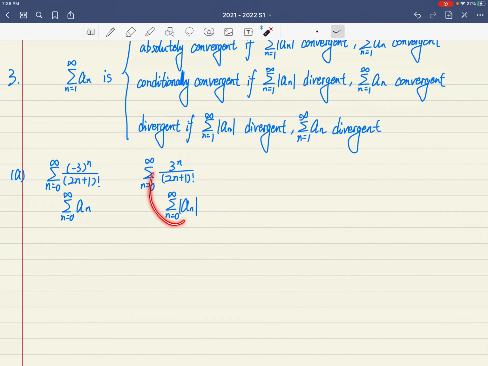For this series, I can just use the ratio test.